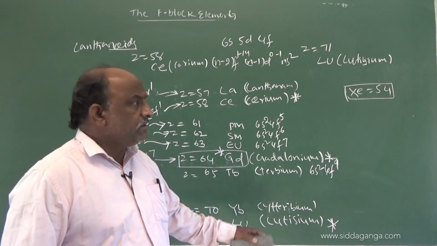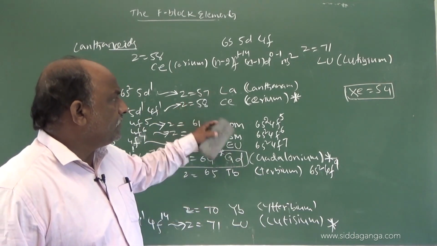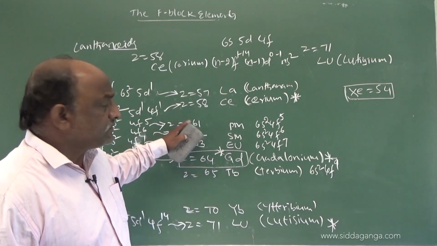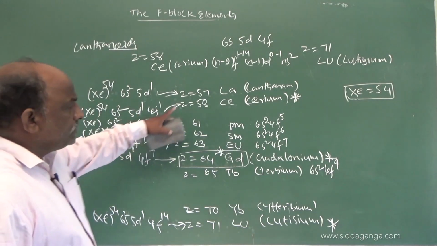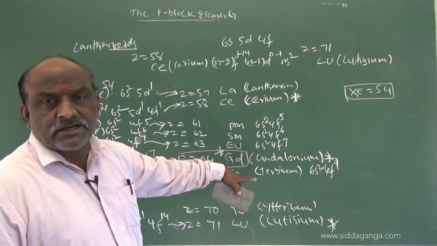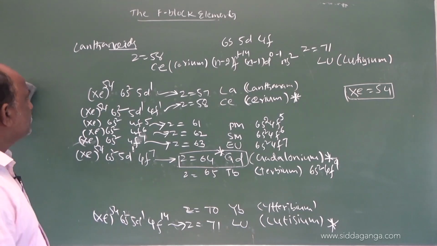This is the general basic important explanation regarding lanthanides. I hope you understood. So make a note and write these electronic configurations, or take a screenshot. It will be useful to you. So make it fast. Then next we go on to discuss the oxidation states.